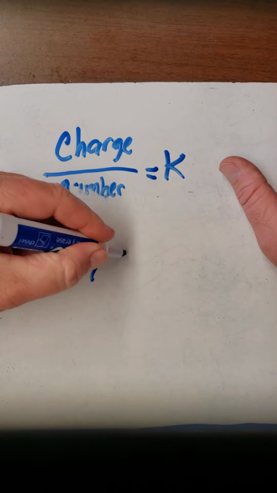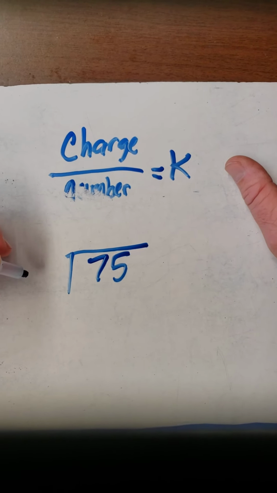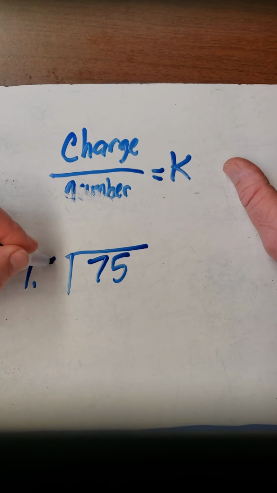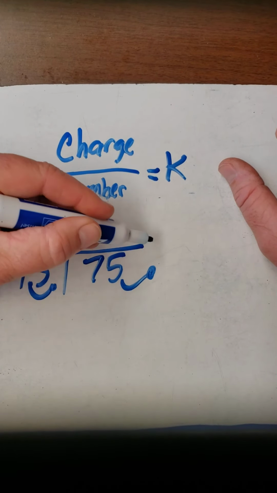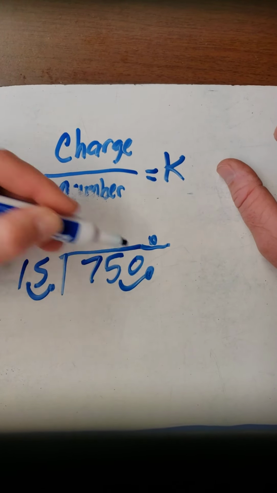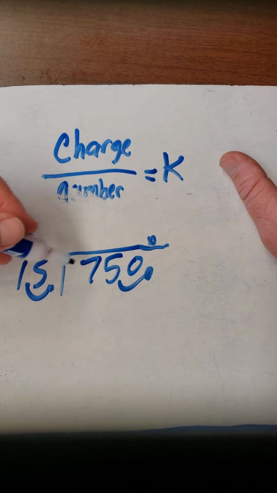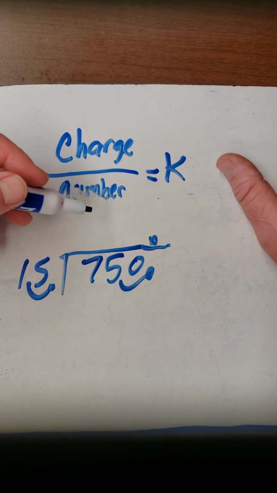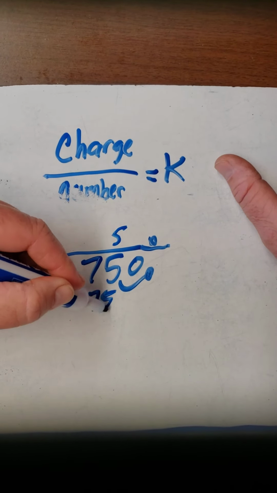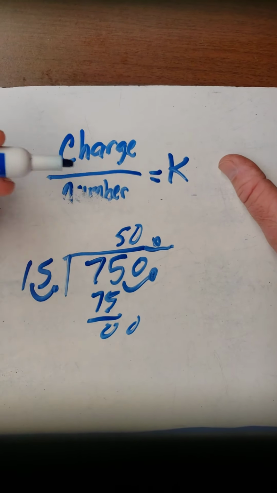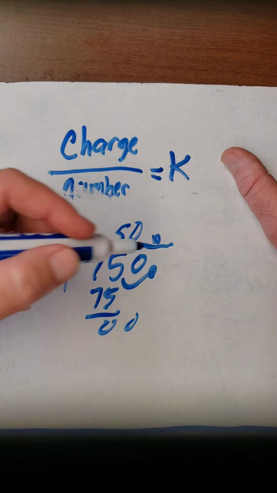So you simply go 75 divided by 1.5, move that decimal point over one more time, so that becomes 750 divided by 15. So 15 goes into 75 5 times.